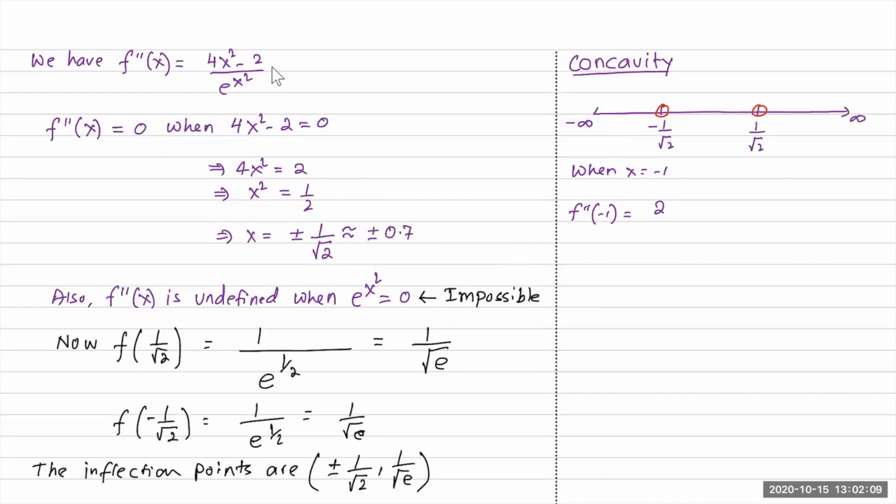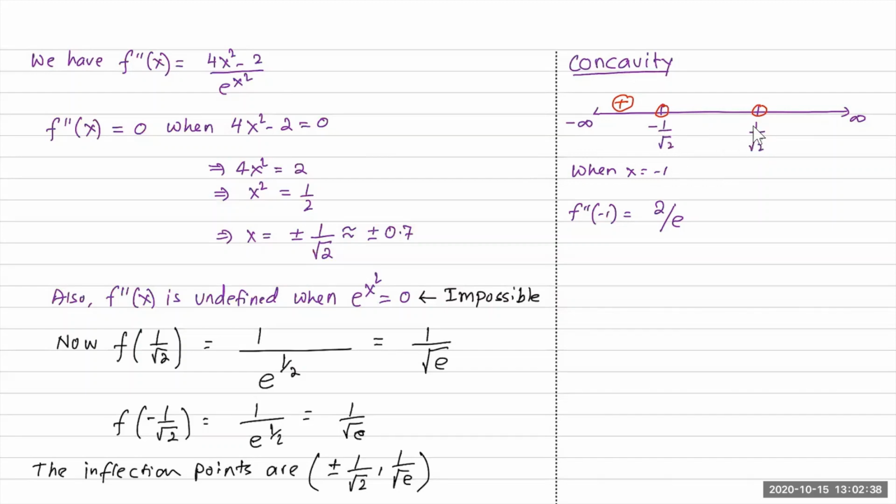In the denominator, negative 1 squared is 1, so e to the 1, which is e. 2 divided by e is a positive number. So my second derivative in this interval is positive. That means in this interval from negative infinity up to negative 1 over square root of 2, the function is concave up.